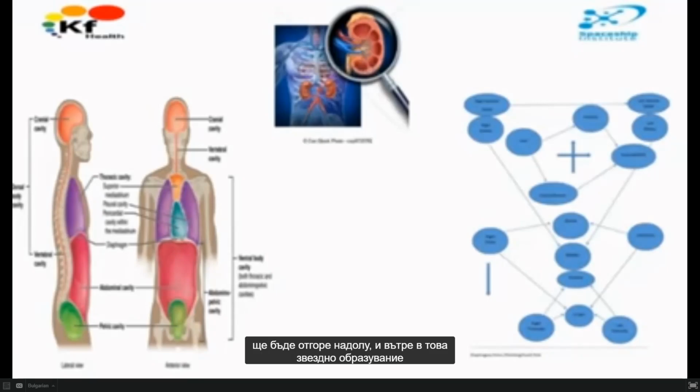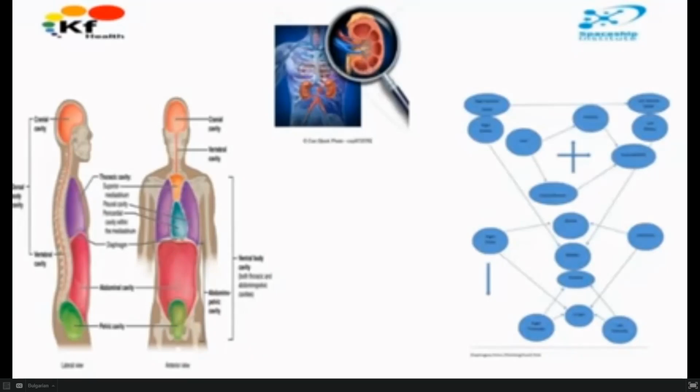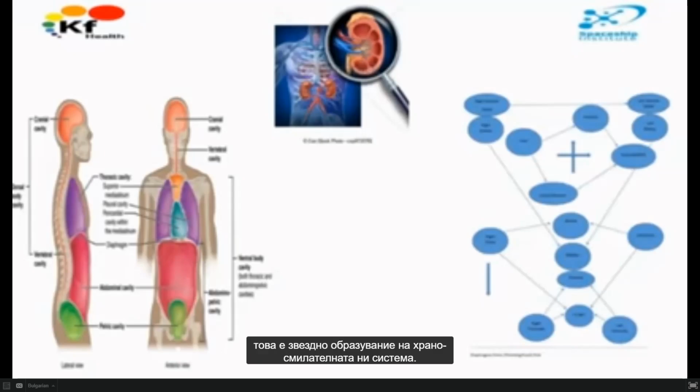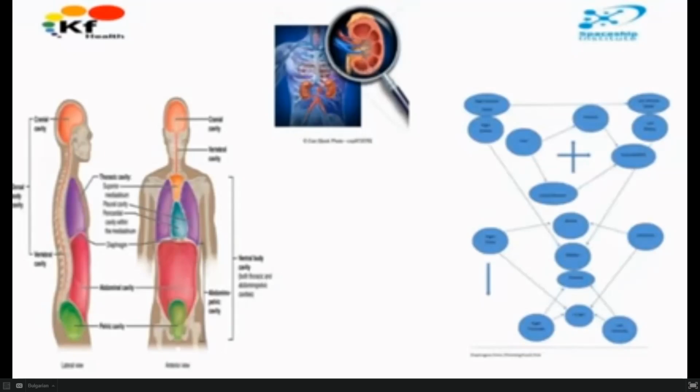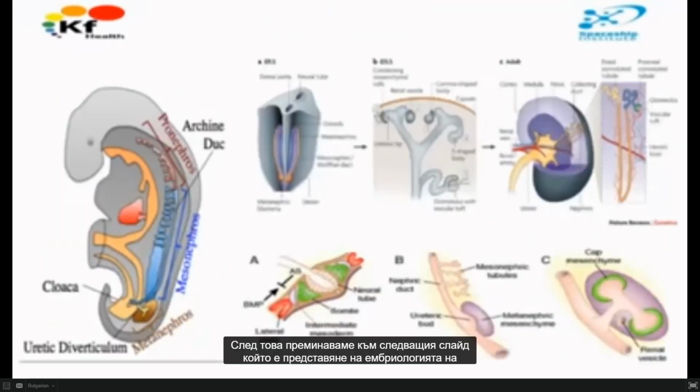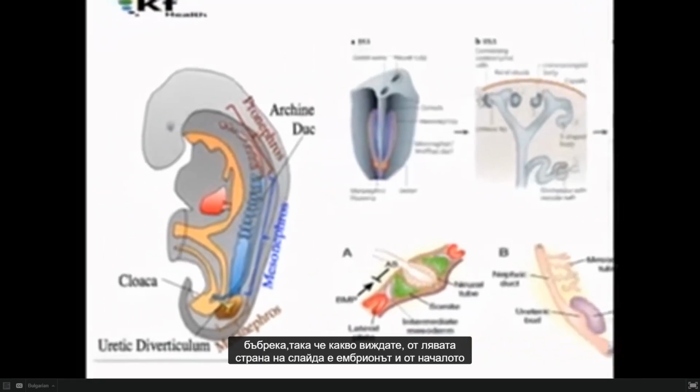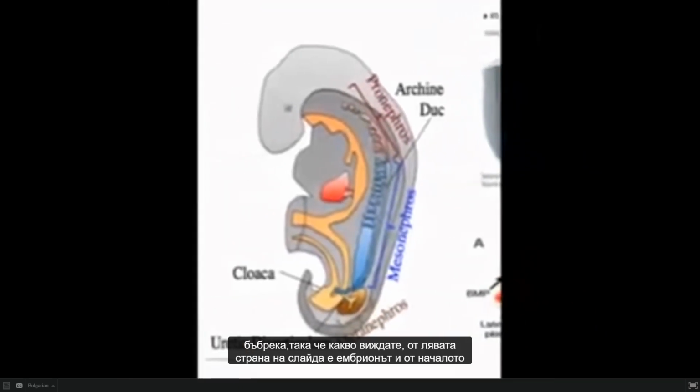And inside of that star formation, this is the star formation of our digestive system. Okay, then we go to the next one. The next slide is a representation of the embryology of the kidney. As you see on the left side of the slide, this is the embryo.